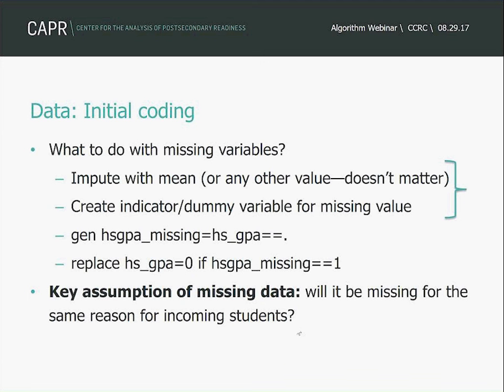And it turns out including that indicator for missing means that the value that you impute the other variable with doesn't matter at all. So I could make it 0, I could make it 10,000. It won't change the coefficients at all because we've sucked up all that information with the indicator for missing.